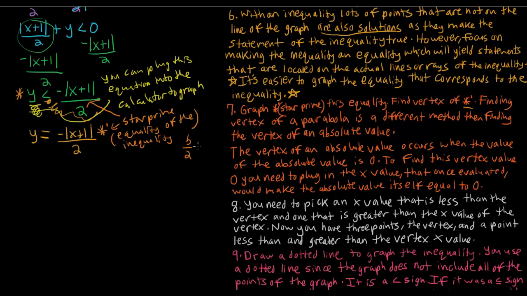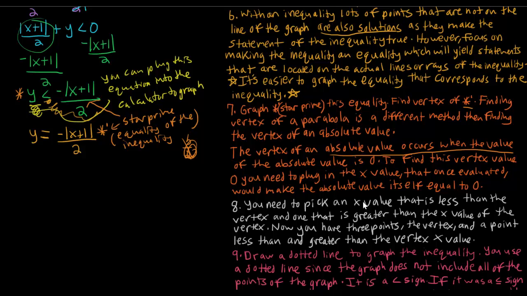You don't do that here. The vertex of an absolute value occurs when the value inside the absolute value is 0. So we need to find the vertex value. To find this, you need to plug in the x value that, once evaluated, would make the absolute value itself equal to 0.